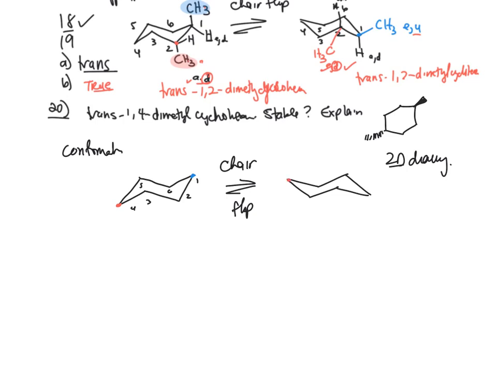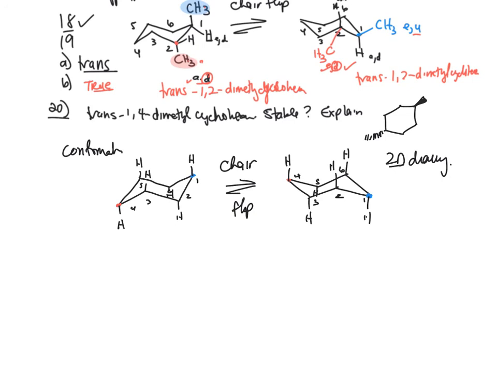Now, this is number 4, 5, 6. This one's 1, 2, 3, and there's your 1. Then you want to draw in your hydrogens. Up, down, up, down, up, down, down, up, down, up, down, up. Okay, and so we do this first.